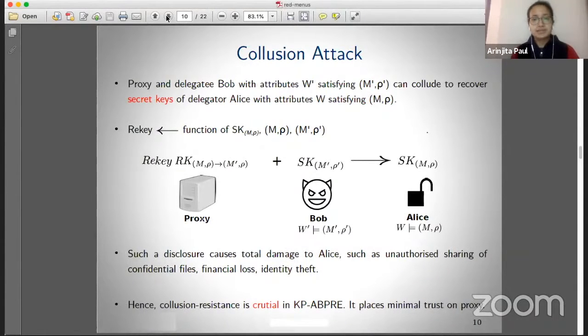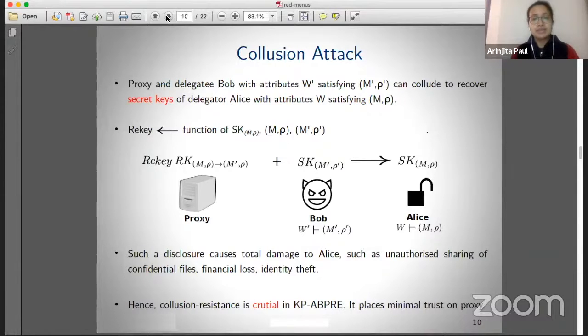So usually it is seen that the re-encryption key which is generated is a function of the secret key of the delegator and the access structure of the delegatee. So it is a very natural question to ask if the secret key corresponding to the delegator can be somehow extracted from the re-encryption key.